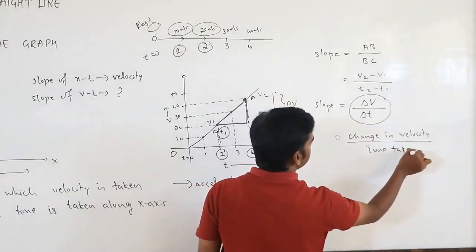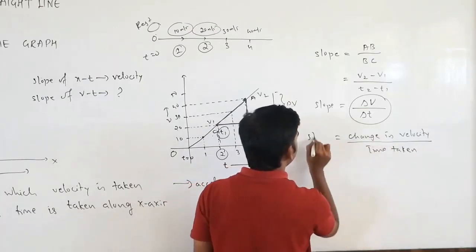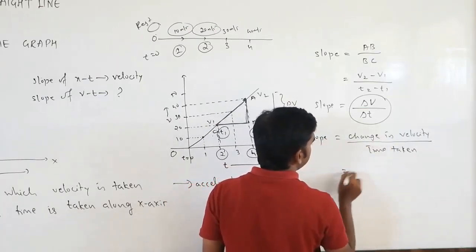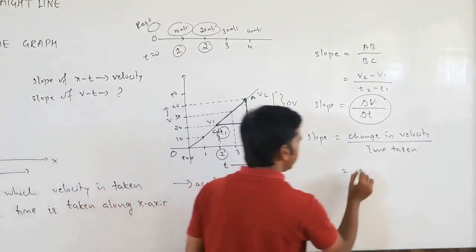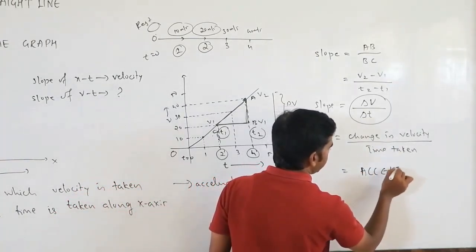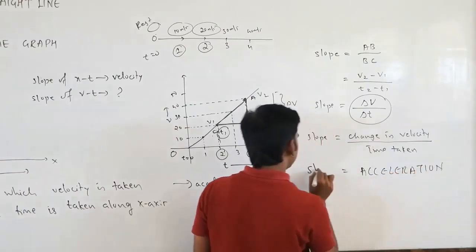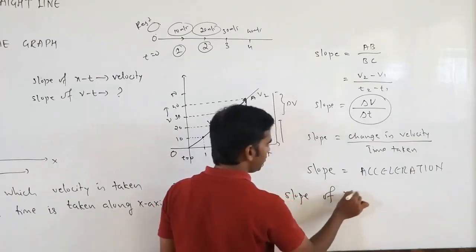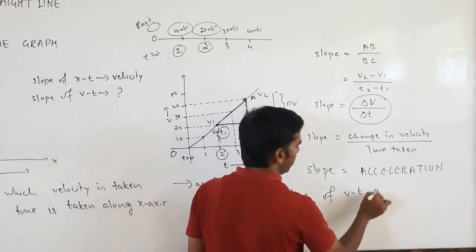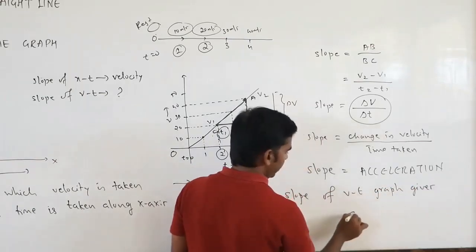Look at your last classes or remind yourself what this is giving. Change in velocity divided by time is nothing but acceleration. So what we understood is that the slope of the VT graph, the slope of the velocity-time graph, gives acceleration.